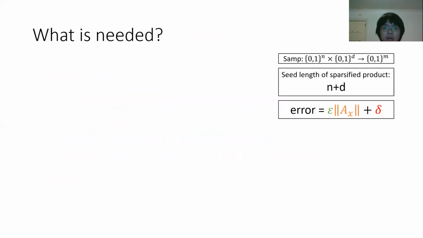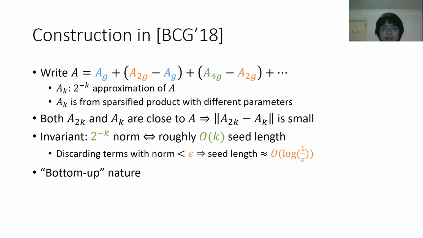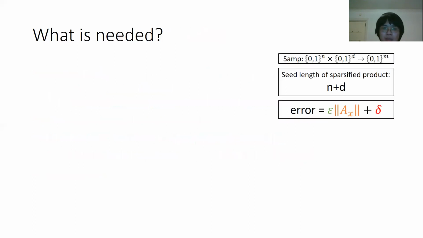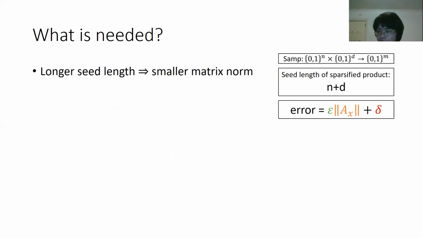So to simplify this construction, we take a closer look at what is needed in this sampler trick. The first property required is that if we compute the product of two matrices where the left matrix has a long C length, then we want it to have a small matrix norm.